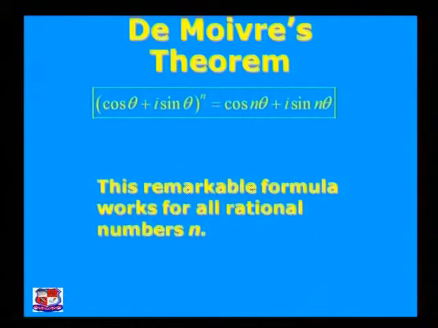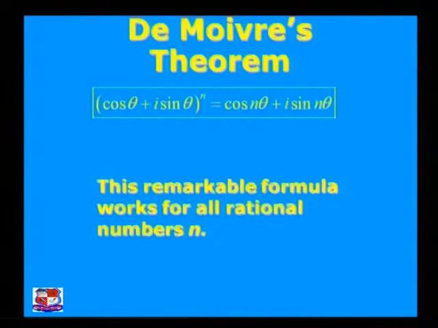Now the main idea is to find the nth root of any complex number using De Moivre's theorem. So now I am going to move on to solving examples of finding the nth root of a given complex number using De Moivre's theorem. Let us look at the example here.